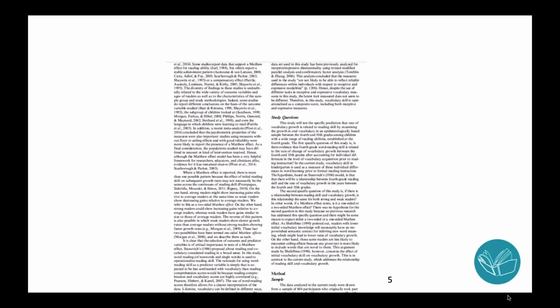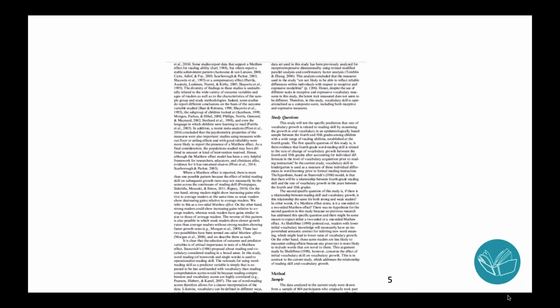So the methods section is what follows, and here's where you're going to see information about the sample, the students who were involved in the study. So you want to pay attention here to the size of the sample, how many students, what the characteristics of those students were. If they are similar to your students in your classroom, that's going to be the most close match, so that you can generalize the results of this study to your own students.